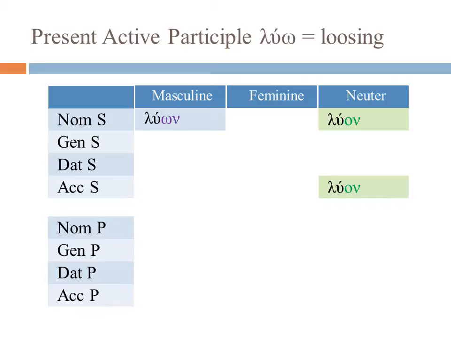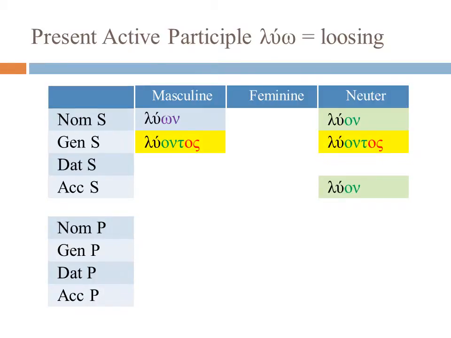So we're going to look at the neuter, which has the same peculiar identity, which is the nominative and the accusative are always the same, both in the singular and in the plural. On, luon. So these all mean just being, right? But like an adjective, which it is, it would depend on what noun it was modifying.